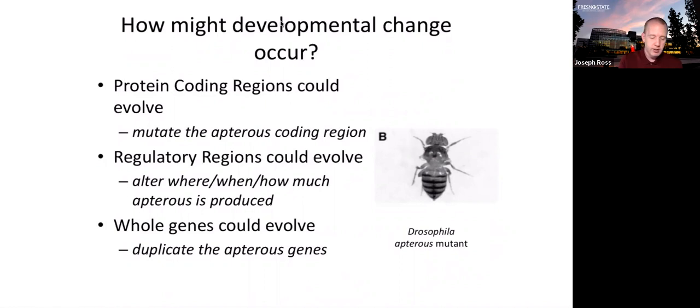So these are three options in the context of this specific example. You could mutate the part of the gene that encodes protein. You can change the part of the gene that causes that gene to be expressed at all. Or you could get a duplicate apterous gene that has the ability to do a new thing.